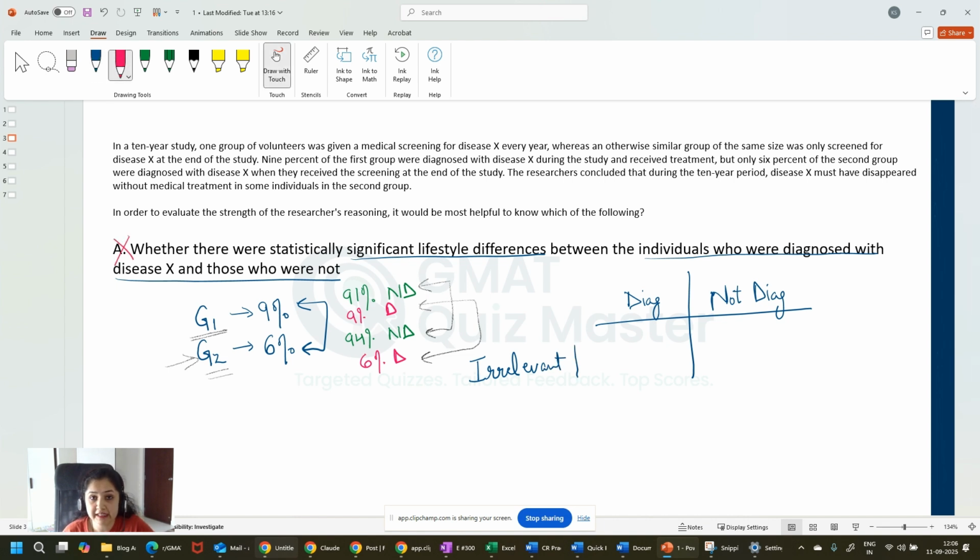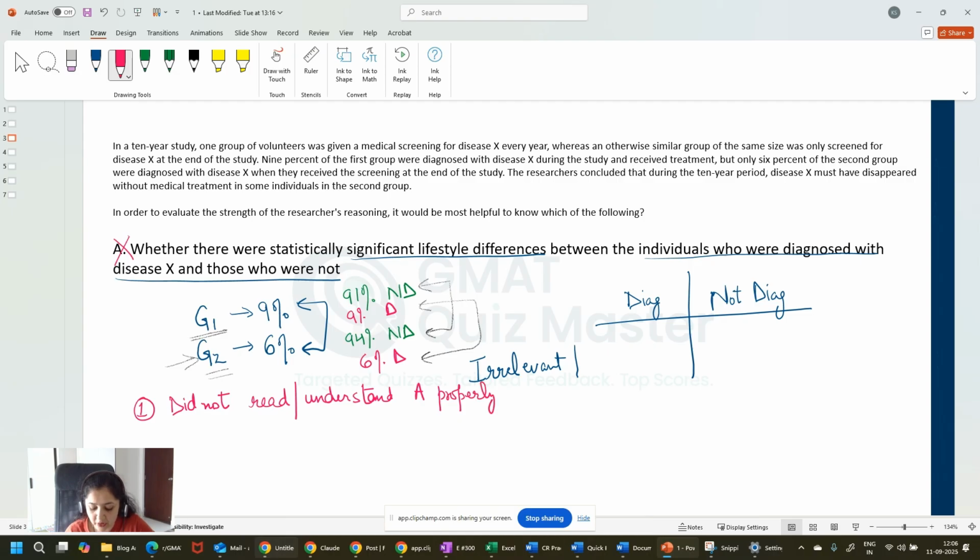Now, if you selected choice A, what is the possible reason behind that? Why did you make this mistake? Let's understand that. One possible reason is that you did not read or understand choice A properly.